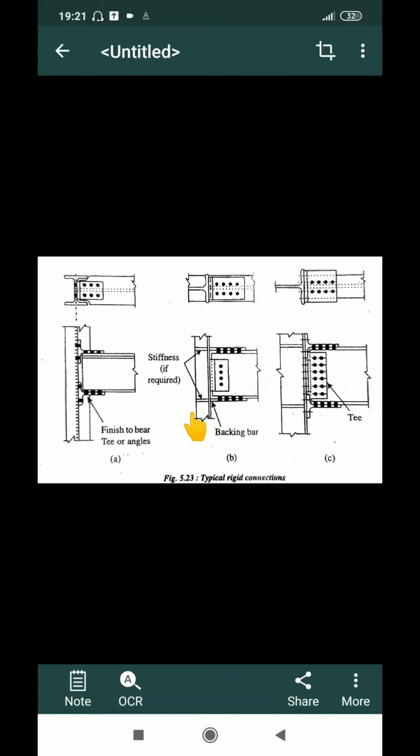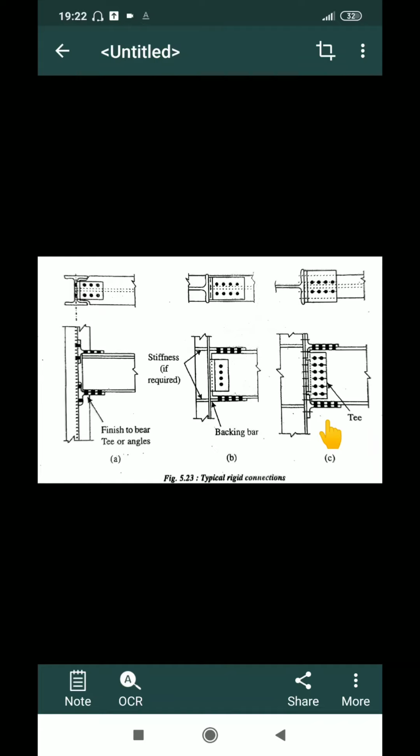This is a column section. This column is only half visible here. So column section is half. Then there is a beam section. From top view you can see the width of the flange. This is the width of the flange. And then there is a plate, and along with that plate there will be a backing bar.